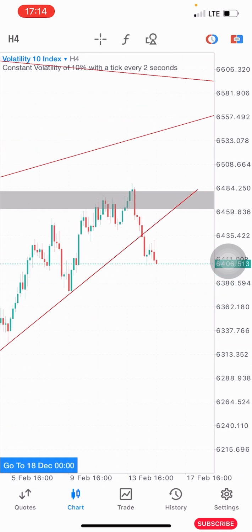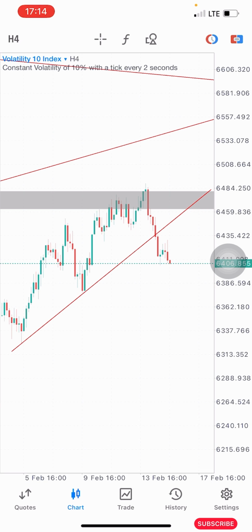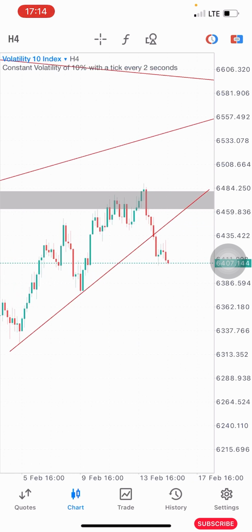Here on the 4 hour time frame, we'll be doing some markouts in order to understand what the market is doing, so that we can take advantage of the little opportunities we are going to see towards the downside. You can see the price broke below our trend line here, came for a retest, and is currently heading down.